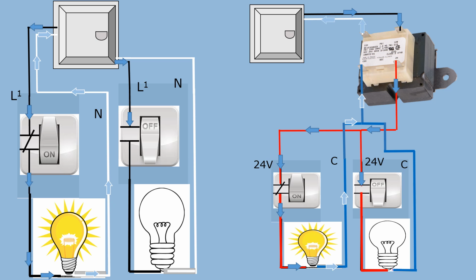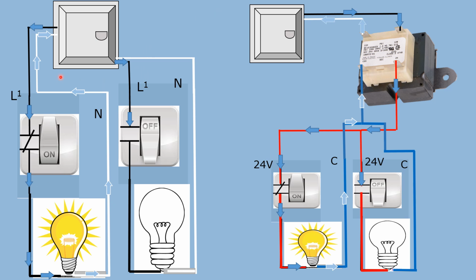Loads are power-consuming devices like light bulbs, motors, heaters, and other devices that consume or use power. It's important for everyone to remember that before any circuit can function, there must be a complete path from the power source through the conductor and switch power passing devices to the load power consuming device and back to the source.